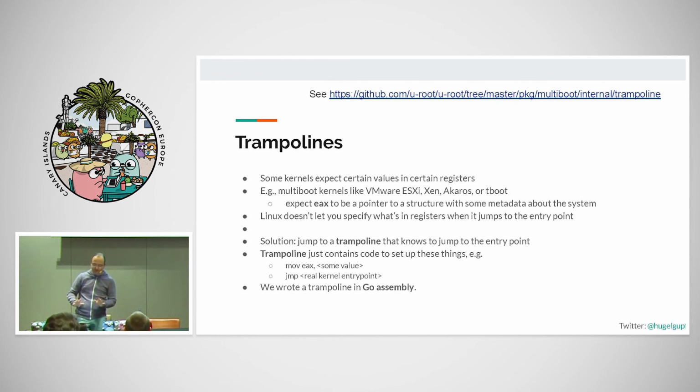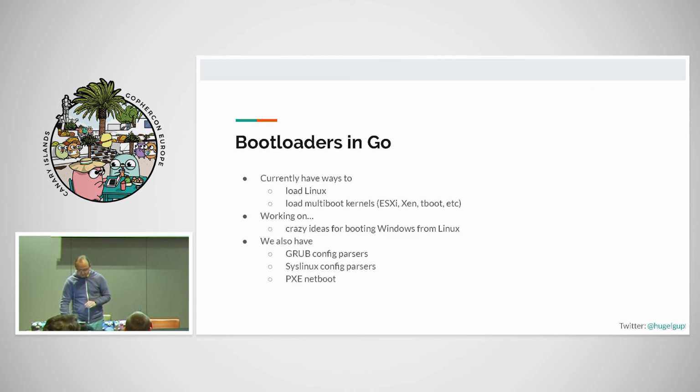So there are a bunch of hacks in there, as you might imagine, and you can look at it if you're interested. But at this point, that means we've actually been able to write a full bootloader in Go using the kexec system call. So at the moment, we can load Linux, we can load multiboot kernels.